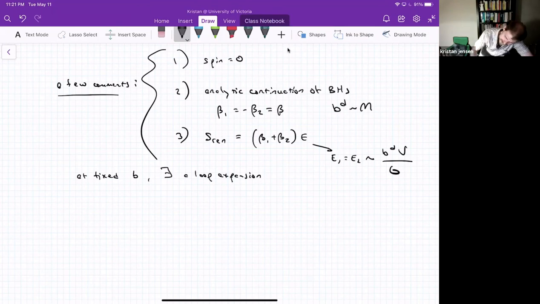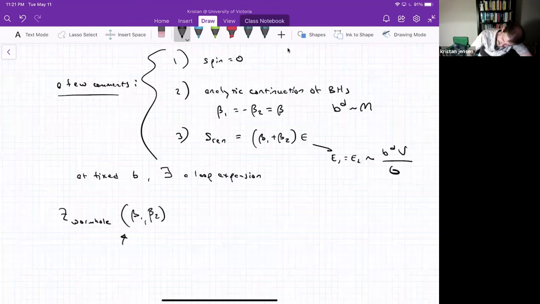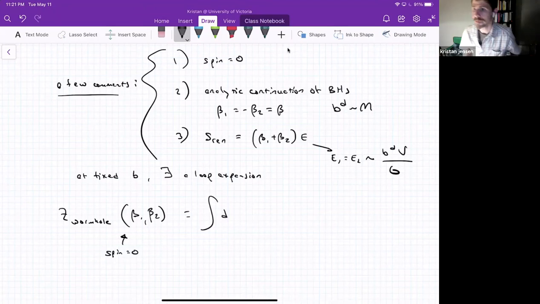So at the end of the day, this leads to an expression for the wormhole amplitude, which depends on the sizes of the 2 boundary circles. This is implicitly at spin equals 0, which is an integral over B, B greater than 0 for the torus, or B bigger than 1 for the S1 times S3.